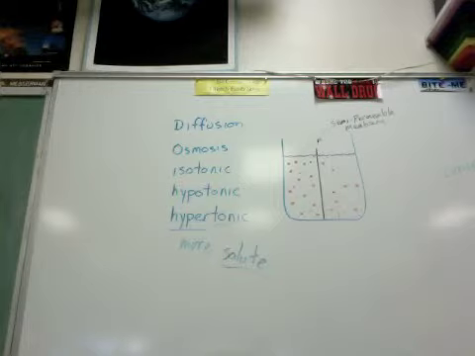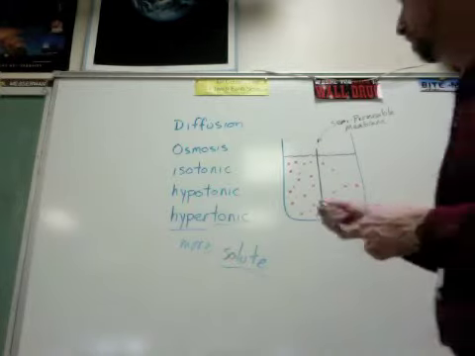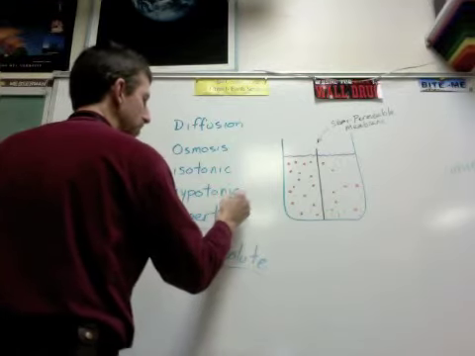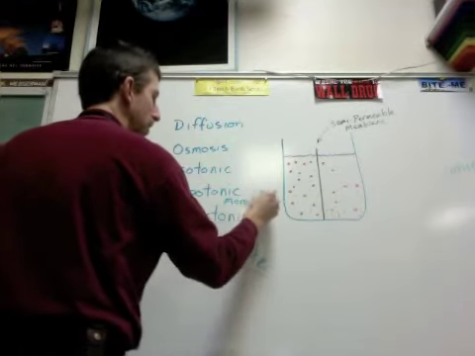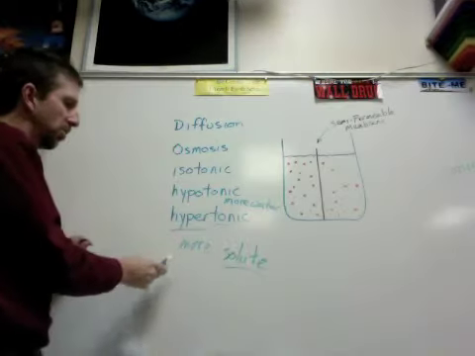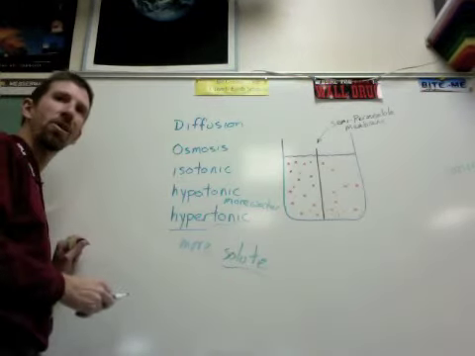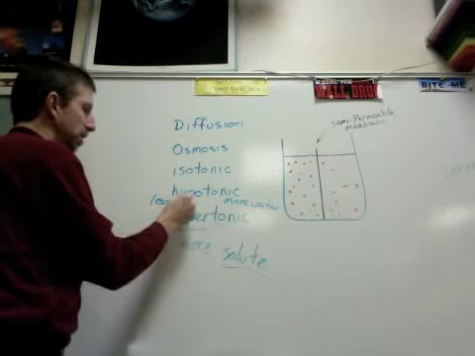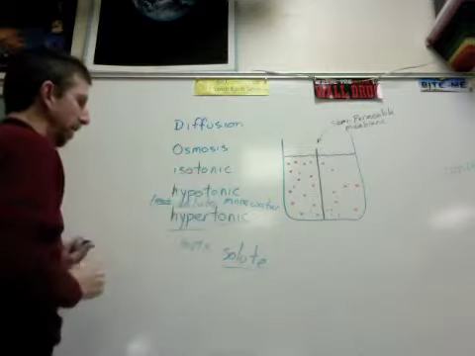Hypo means less than. And yeah, so the syrup was actually the hypertonic. Water was the hypotonic. Okay? So if you want to label this, how about this? If hypertonic is more solute, hypotonic is more water, but also less solute. Okay?